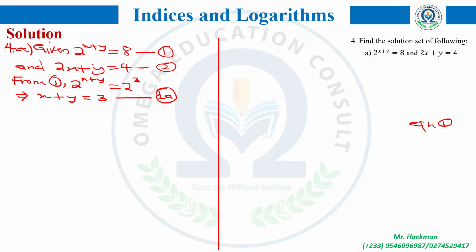Because the signs are the same, I'm going to subtract to eliminate. So I'll subtract the second equation from the first equation here: equation 2 minus equation 1a.